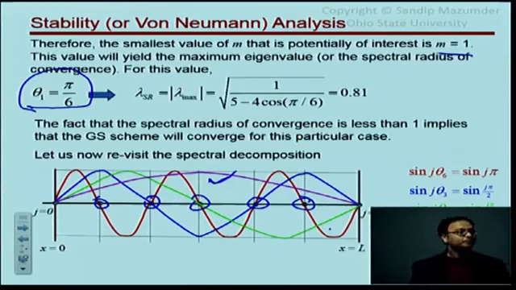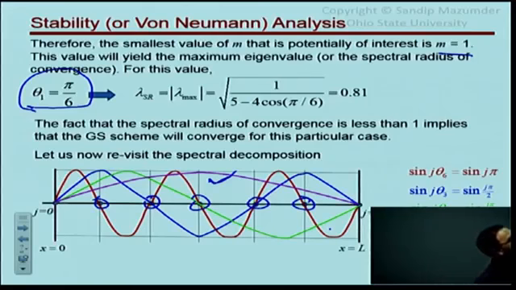I just have a question. So that equation is dependent on your differences. Yes, this is what we are saying here for the Gauss-Seidel scheme. That's a very good question. Even though I'm explaining this using an example, the fact that the largest wavelength, or m equal to 1, is the culprit is true for any iterative scheme. That always produces the largest eigenvalue.